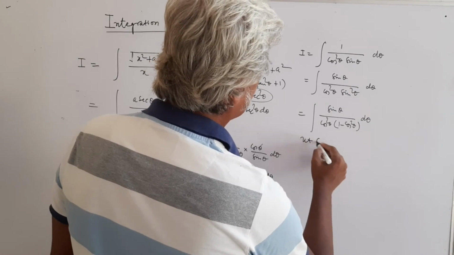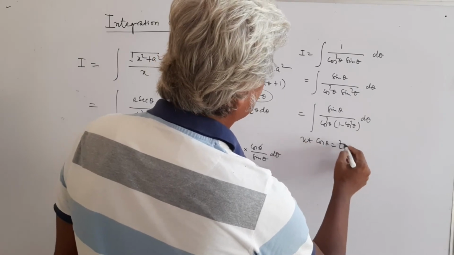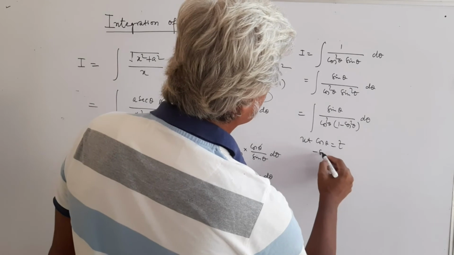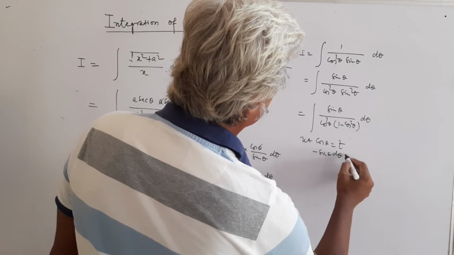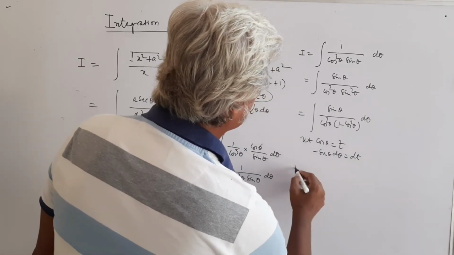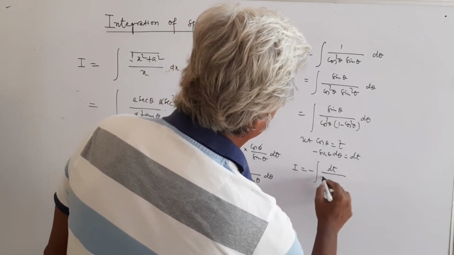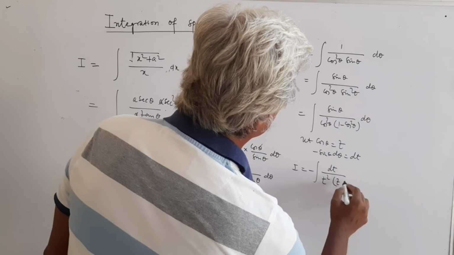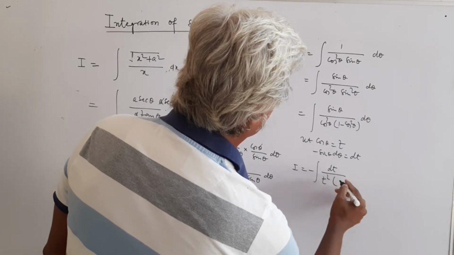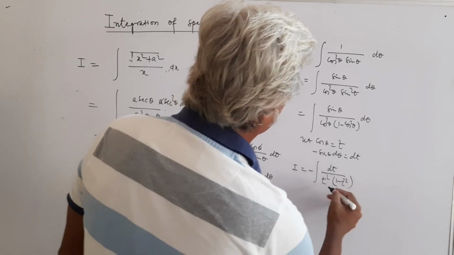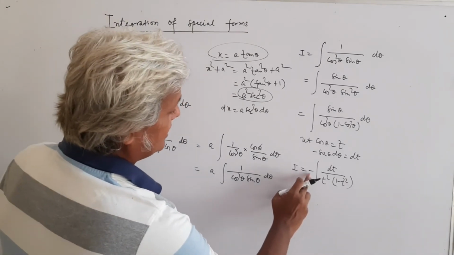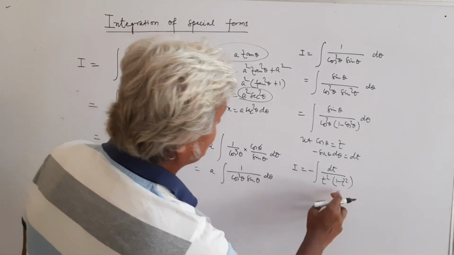So let cos theta be t, then I get minus sin theta d theta as dt. So my integral I now becomes minus dt over t square into 1 minus t square. If I compensate this minus, this will become t square minus 1.